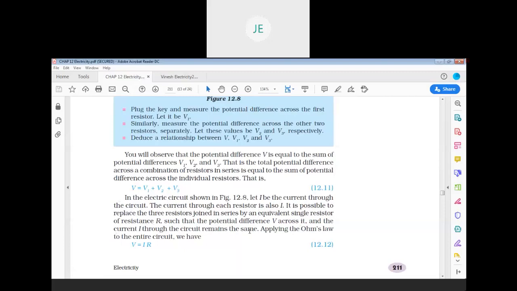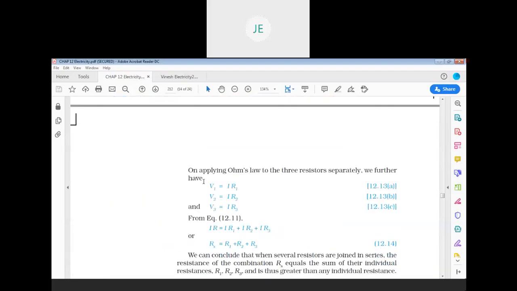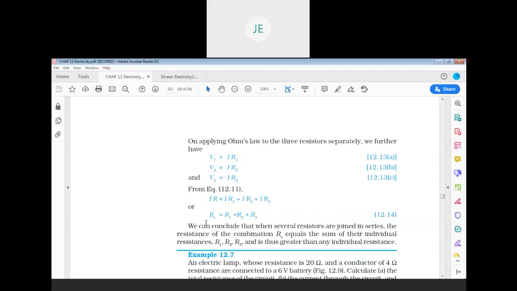Applying Ohm's law, V is equal to IR. So V1 is equal to IR1, V2 is equal to IR2, V3 is equal to IR3. So IR is equal to IR1 plus IR2 plus IR3. From here, I gets cancelled. So the resultant resistance will be R1 plus R2 plus R3.